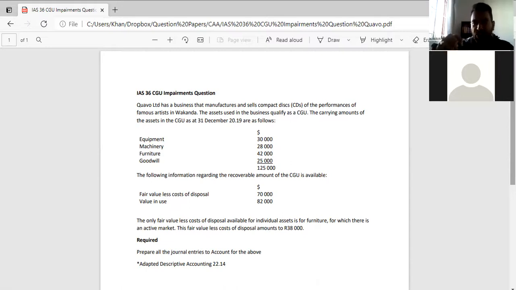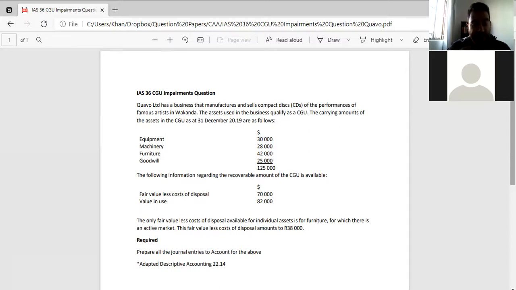You must always start at the lowest level, which is an individual asset. In most cases, an individual asset cannot generate cash flows independently. As a result, you must go to the next level, which is to look at the next smallest combination of assets and liabilities that can generate cash flows independently, and so forth.